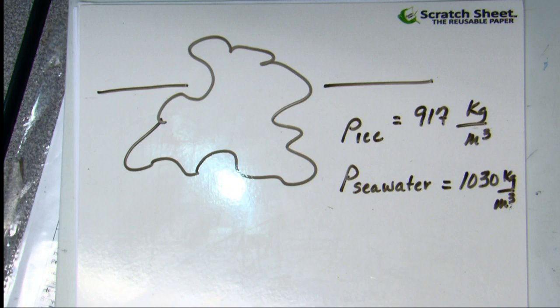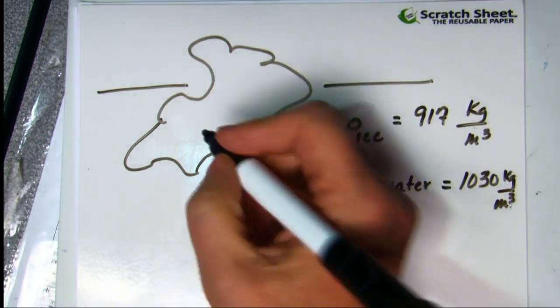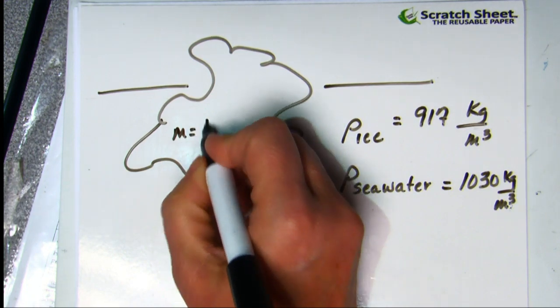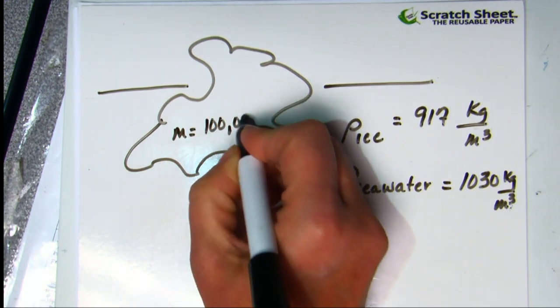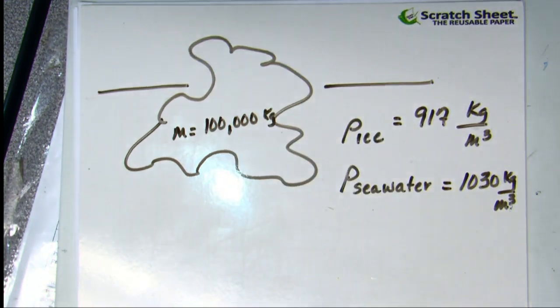If you look at a typical mass of an iceberg, the mass of this iceberg that we're going to use is 100,000 kilograms. We want to know what percent of the iceberg is above the water.